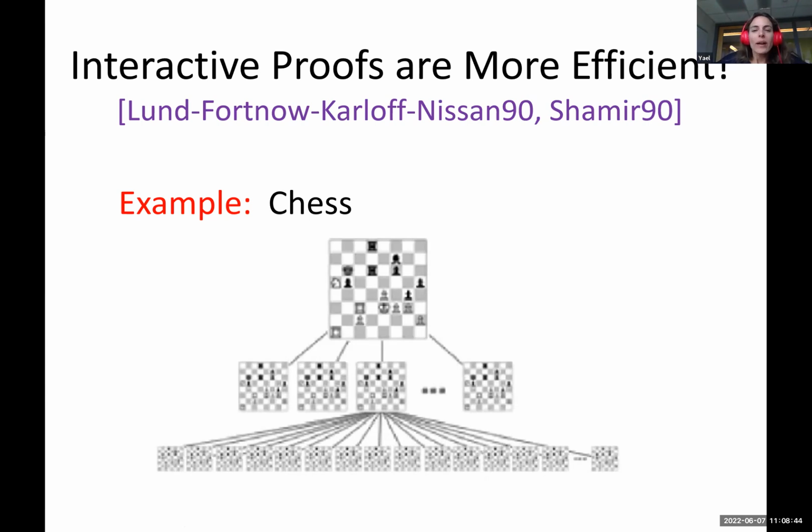But I don't know how to give you a classical proof that isn't like this gigantic tree. No matter what the white player does, here's what the black player does, no matter what the white player does, and look at the bottom, all the leaves are where the black player is winning. That's the only way I know how to give you a proof. With an interactive proof, it turns out, I can do it very efficiently, very succinctly.